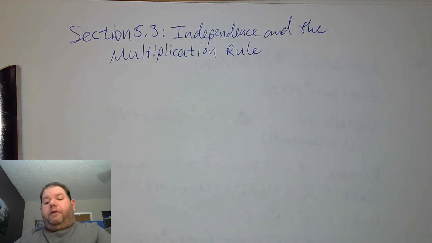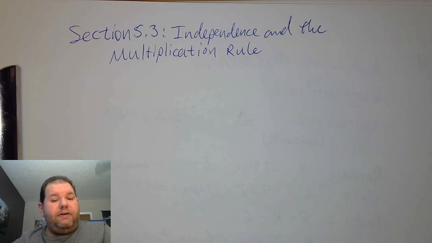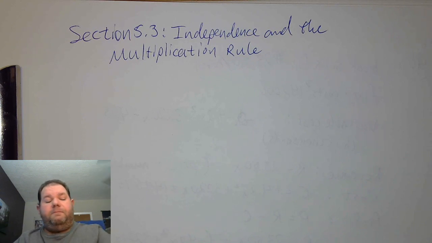Now, what we look at in this section 5.3 is kind of a simplified version of the multiplication rule, but we look at the general multiplication rule in section 5.4 after this. And that's kind of why I like to do both of the sections on the same day, is that it covers a lot of the same concepts, but it approaches from two different directions. Section 5.3, where the events are independent, and then section 5.4, where that may not be the case. Okay.